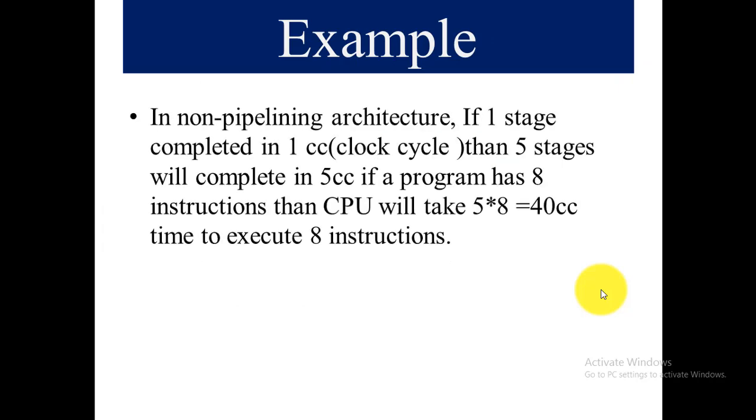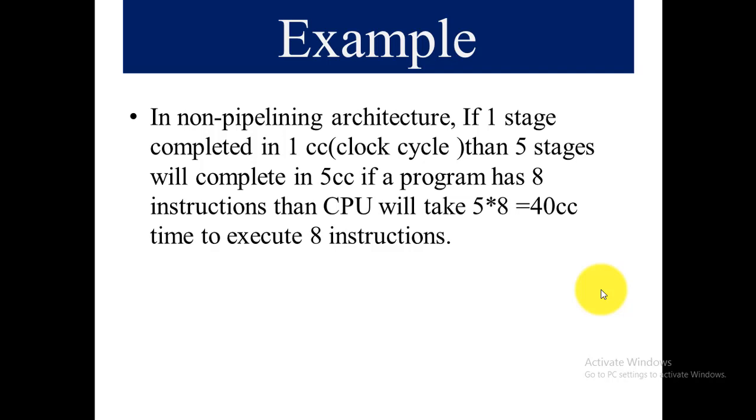So if we look at the non-pipelining architecture, if one stage is completed in one clock cycle, keep in mind that one stage is always completed in one clock cycle. This is a programmer's wish, a developer's wish, that one stage must be completed in one clock cycle. So if one stage is completed in one clock cycle, then 5 stages will complete in 5 clock cycles.